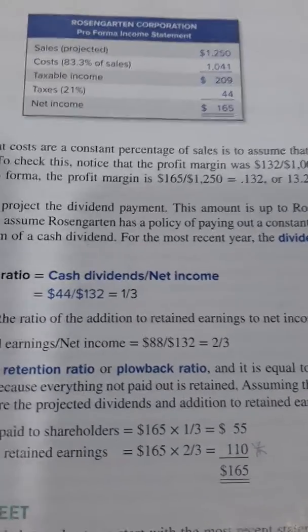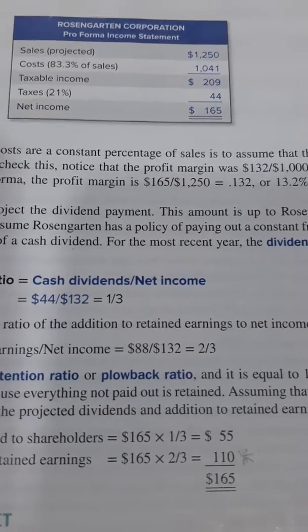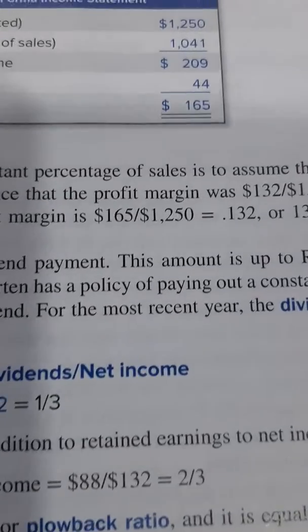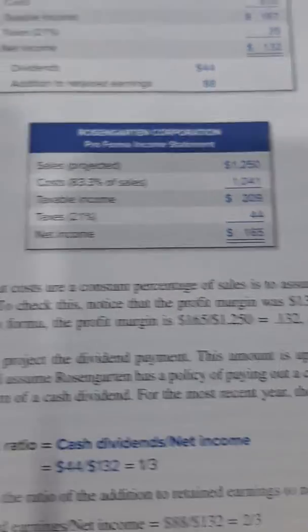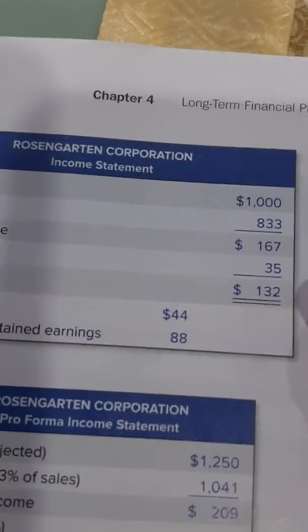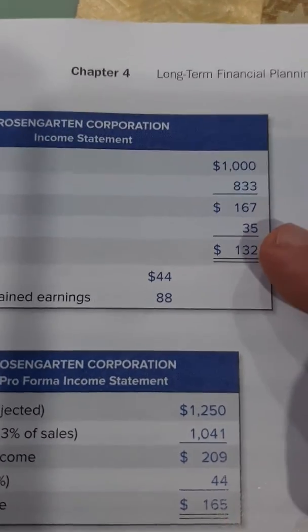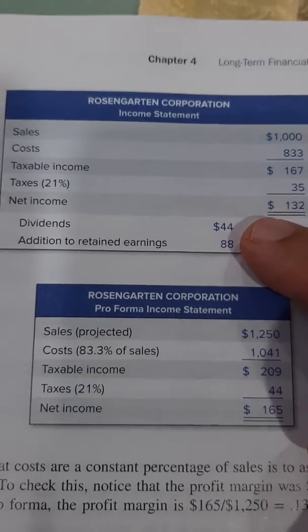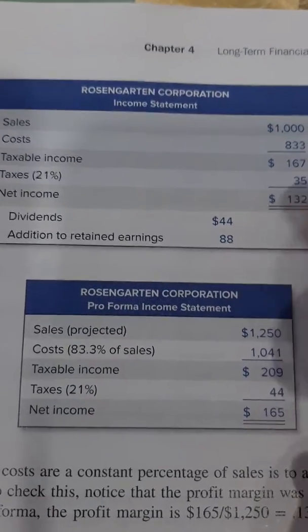So here we have the net income of 132. Out of this 132, $44 is paid as dividend.